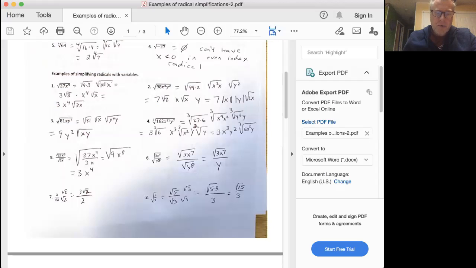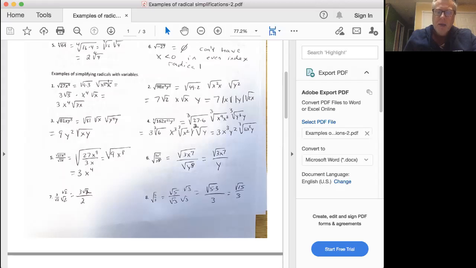Now, where does the x to the 4th come from? If a variable has an exponent that's larger than the index, and it's an even index, like a square or a 4th power, then break that variable up into the exponent minus 1 times x to the 1st, or the variable to the 1st. So in this case, it's an x to the 9th. So I break it up as x to the 8th times x to the 1st.